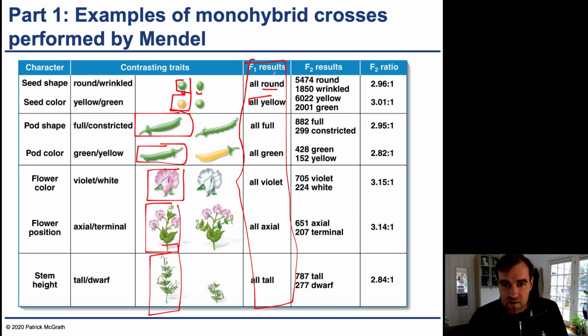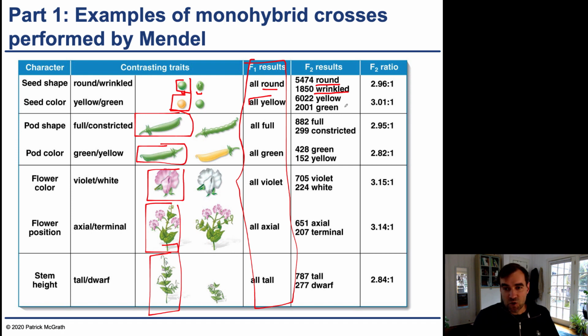Then Mendel continued to do this cross, and he crossed the F1 individuals together, and he found that he could get a large number of different phenotypes in the F2 individuals. So the F2s were no longer all identical to each other, but in fact some of them shared the first parent and some of them shared the phenotype of the second parent. So again, he never saw a blended mode of inheritance.